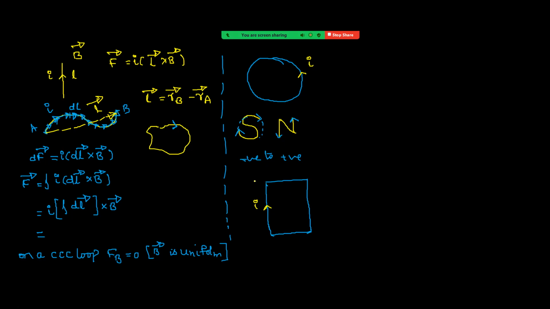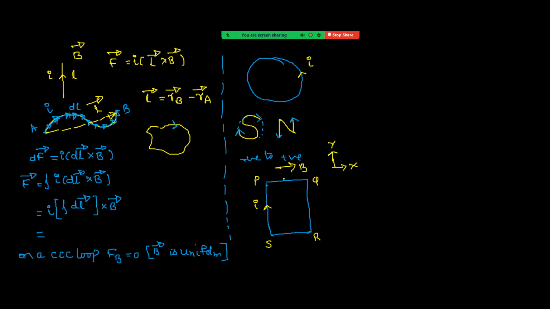Let me take it as P, Q, R, S. Let us take field is now right side in the plane of the board, which is uniform. And let me take direction of B as positive X. Means we are taking this plane of the board as XY plane.